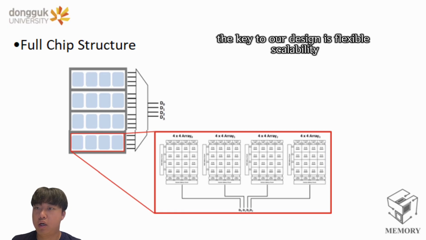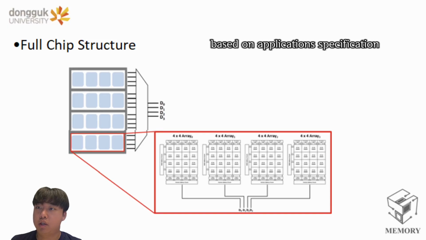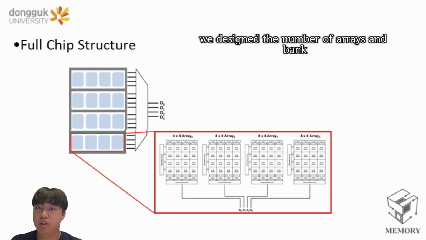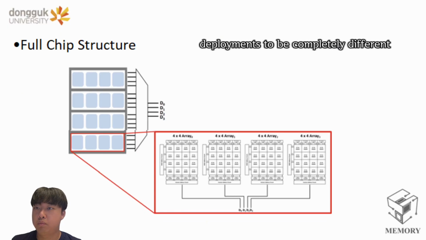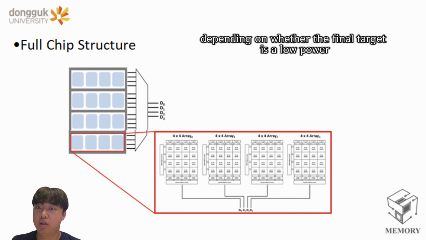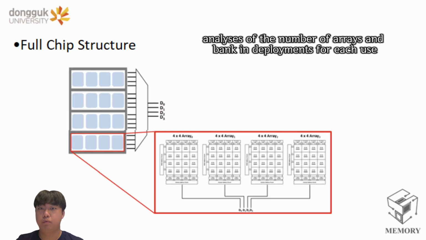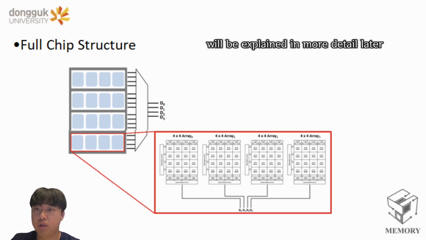The key to our design is flexible scalability based on application specification. We designed the number of arrays and bank deployments to be completely different depending on whether the final target is a low power or higher bandwidth oriented GDDR. The comparative analysis of the number of arrays and bank deployments for each will be explained in more detail later.